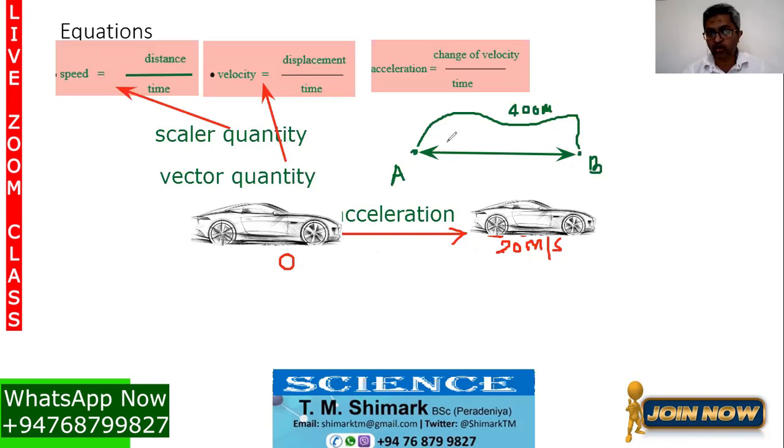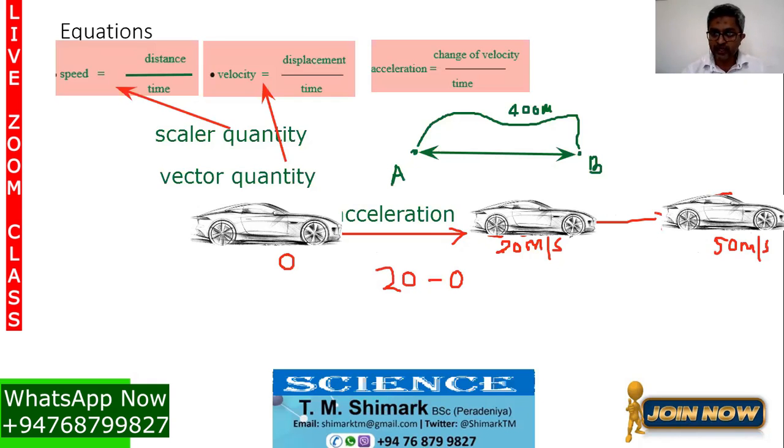The change of velocity here is 20 minus 0. In another case the change of velocity is 50 minus 20, which is 30.